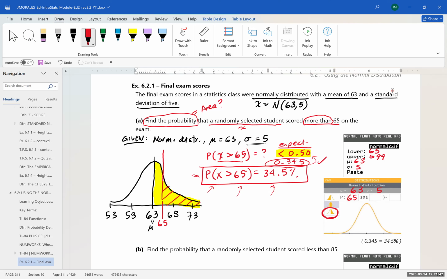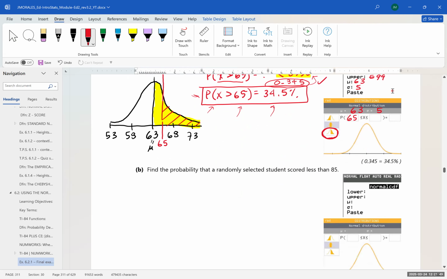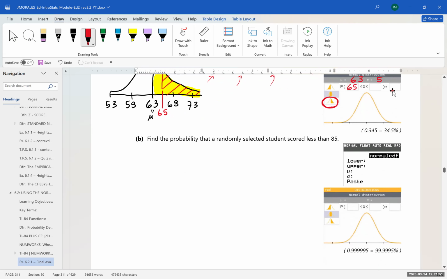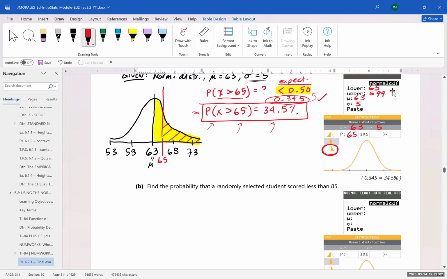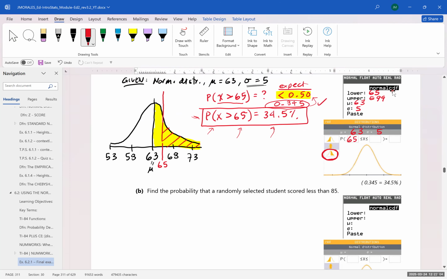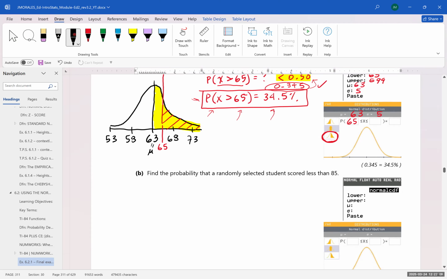All right, let's look at the next part. Find the probability that a randomly selected student scored less than 85. All right, so we can redraw this picture. That's always helpful. Again, the more times you draw it, the more you're putting this shape into your brain.